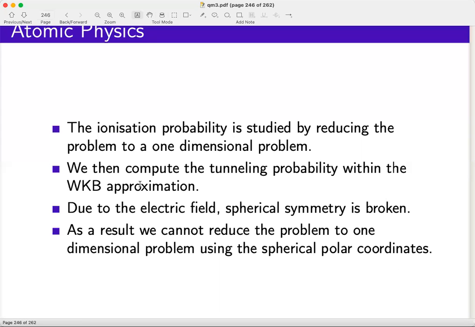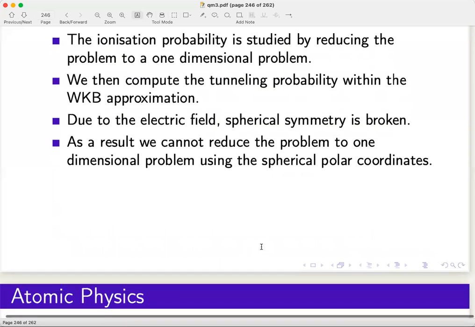So it can at best have axial symmetry, not spherical symmetry. As a result, whatever we had done with the single electron atom problem, say in a quantum mechanics 1 course, namely using the spherical polar coordinate system, we cannot use that anymore, simply because the electric field has broken that symmetry.